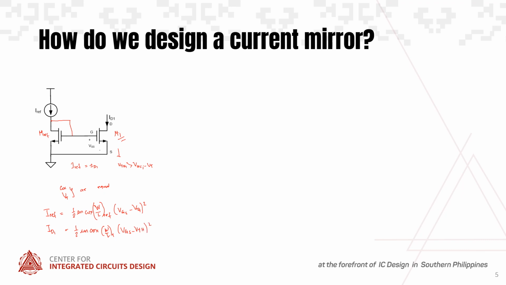If we take the ratio of the ID1 over IREF, substitute the equation, so 1/2 mu n CUX W/L of 1 (VGS minus VTH) squared all over 1/2 mu n CUX W/L of ref (VGS minus VTH) squared. Nakalimutan kong 1 dito.